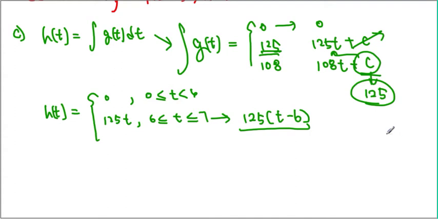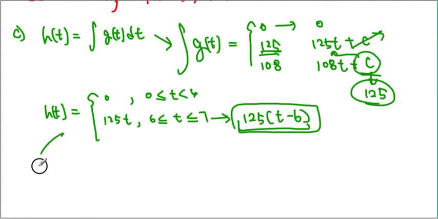Now, in the same manner, we have 108 and then plus 125. Just like how the middle function has been expressed in this way, the final piece would also include a term that looks like this.